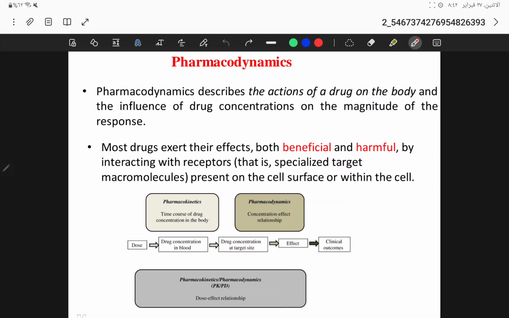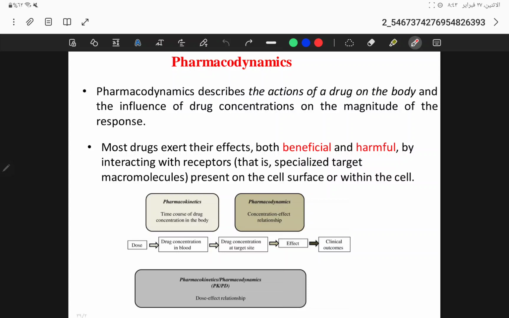So the study of the effect of the drug on the body is related to pharmacodynamics, while kinetics covers absorption and distribution. When the drug concentration reaches the site of action, the pharmacodynamic effect will be produced, or let's say started. The magnitude of the response to the drug depends on the concentration of the drug at the site of action.